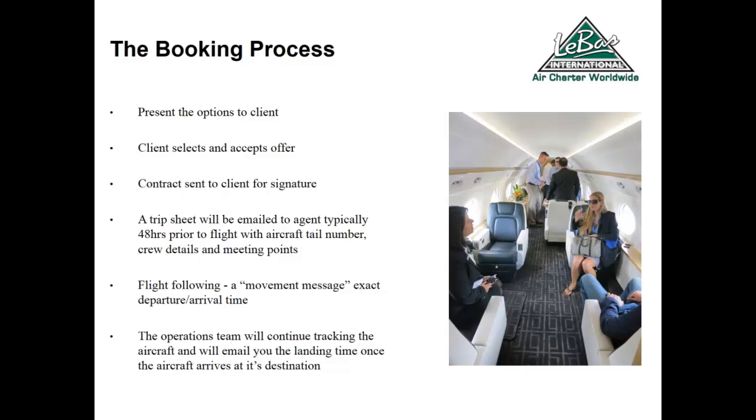We send a contract to the client for signature, and then once the booking process is completed and the contracts are taken care of, then a trip sheet will be emailed to the agent or the client, typically 48 hours prior to the flight, which will contain all the aircraft type information, a registration number, the crew names and details, and then the arrival and departure points as far as the fixed base operations that are going to be utilized.